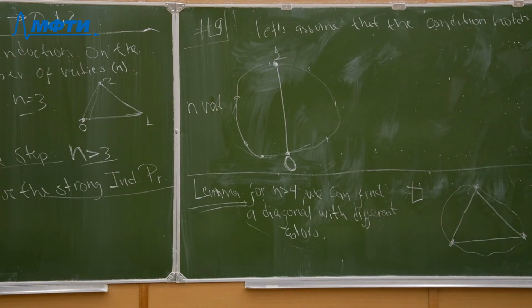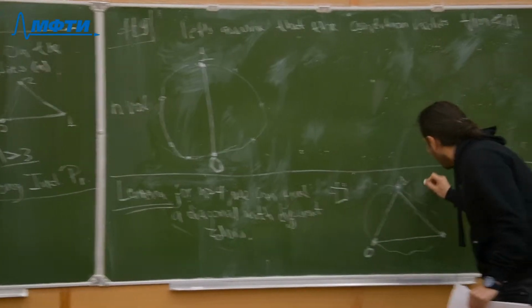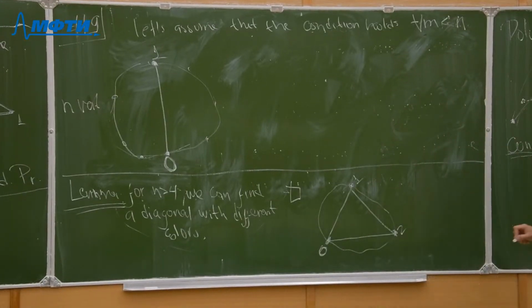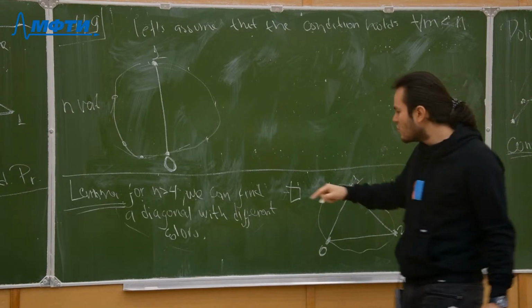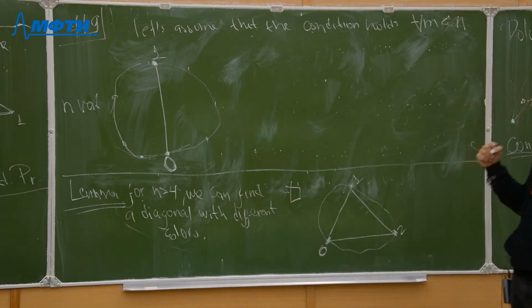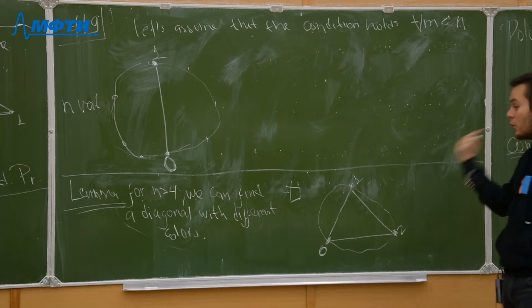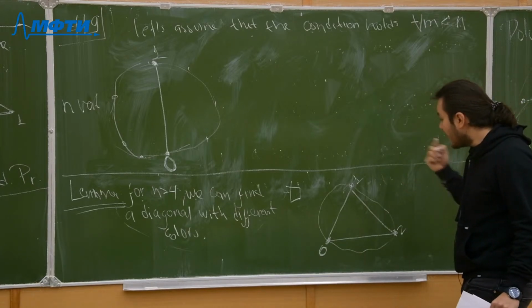Okay, and this triangle has colors 0, 1, and 2. And then if I assume that this is not true, that it's not possible to find such a diagonal with different colors, and then I say let's assume that this is true.